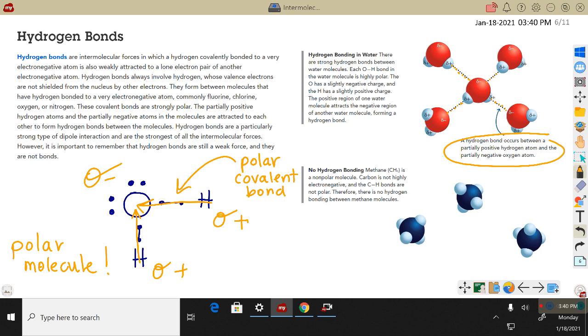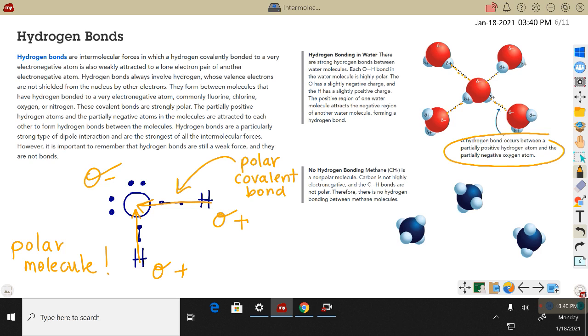Exact same concept, that you've got partial positive and partial negative regions of polar molecules, and they align themselves so that opposites attract. And we get these attractive forces then in between the molecules. It's just that this whole hydrogen bond thing is a little bit stronger.